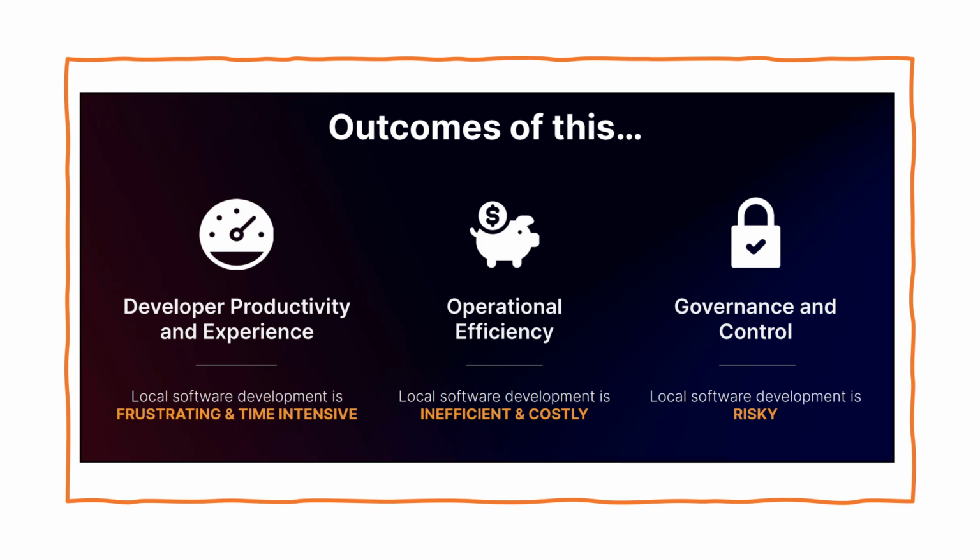However, the outcome of what we just talked about in terms of developing on a local machine is that you end up with developer productivity and experience that's sometimes frustrating and time intensive for your developers. From an operational efficiency perspective, it can be very inefficient and costly. And from a governance and control perspective, it's also pretty risky.